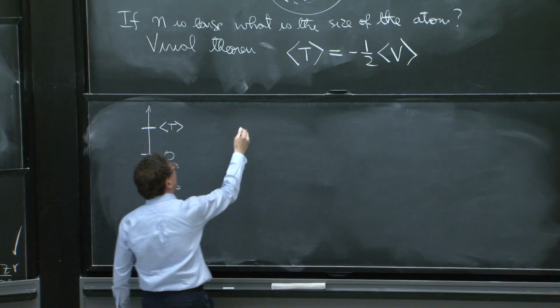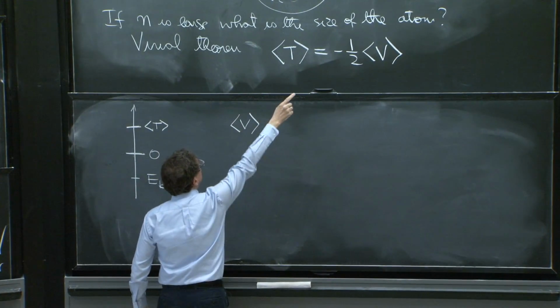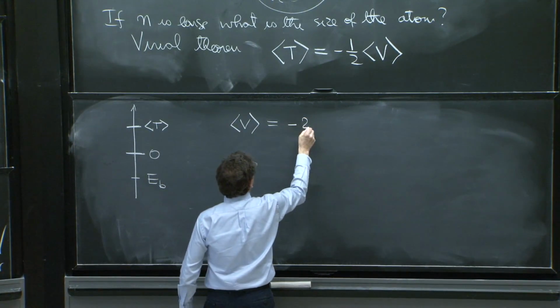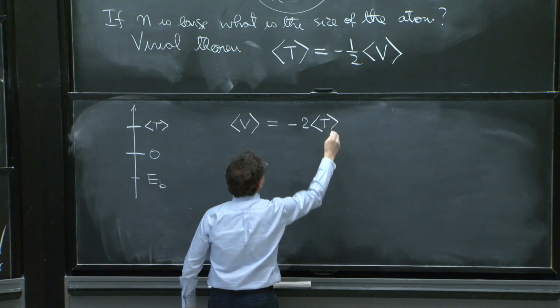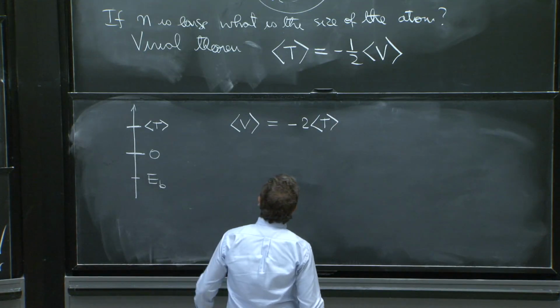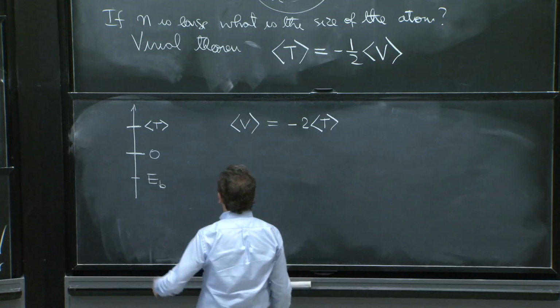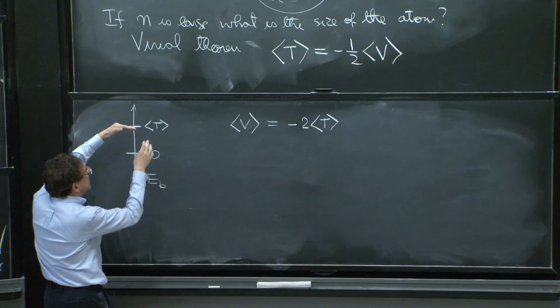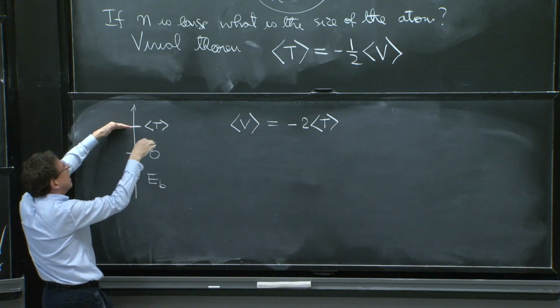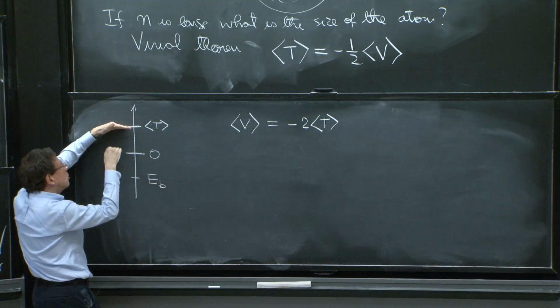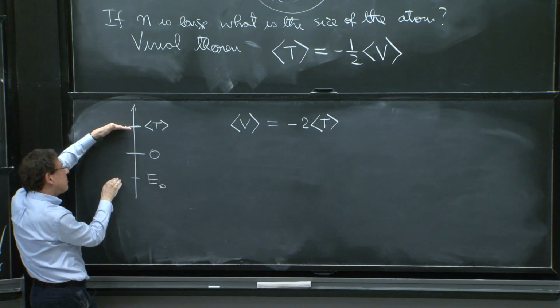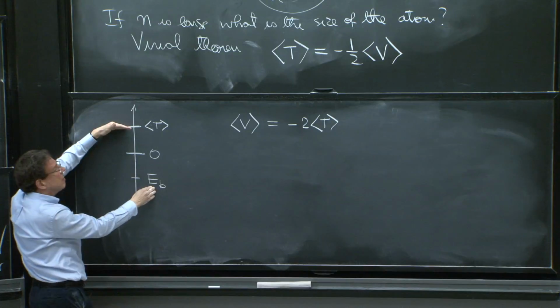Because then we have that V from this equation is minus 2t. And if V is minus 2t, means that t plus V is t minus 2t, and t plus V is the total energy.